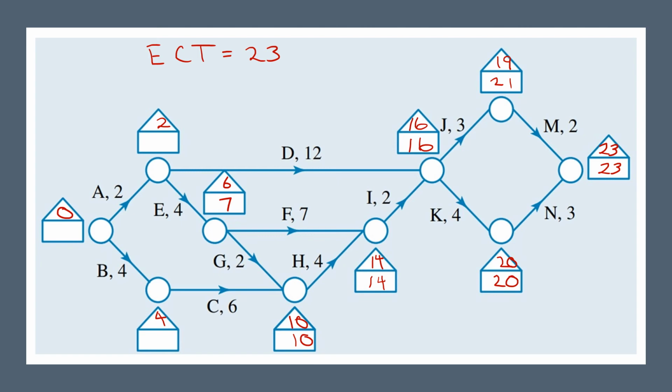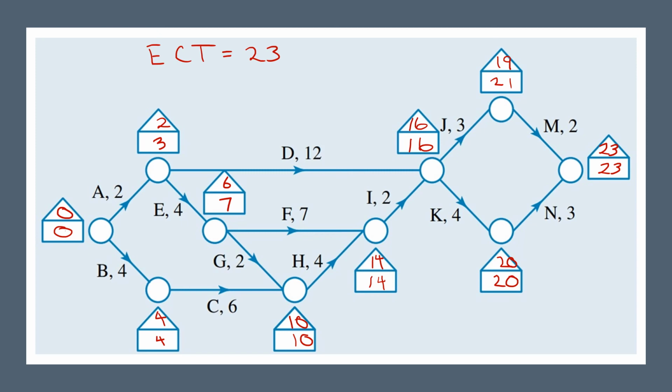Up the top, we have 2 options, so 16 take 12, which is 4, or 7 take 4, which is 3. Down the bottom, 10 take 6 is 4, and finally 4 take 4, 0. So you can see we do have a new critical path here. It has changed quite a bit.